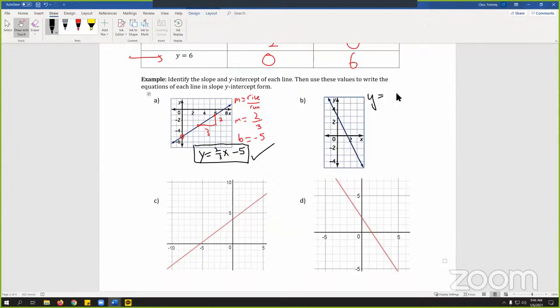Then let's go James. James, have you solved question B? What is the equation of this line? I'm still trying to figure that out. Okay. Gerald? Question B. The equation for question B.